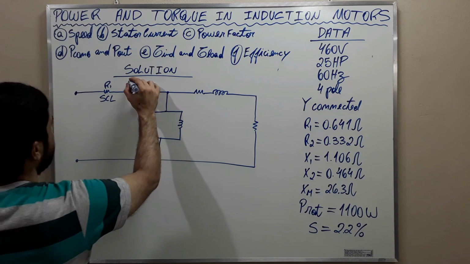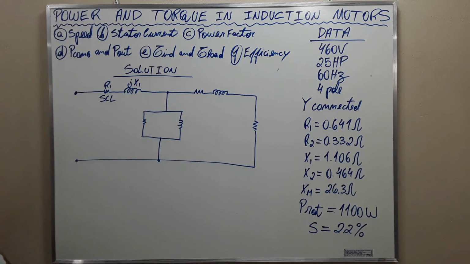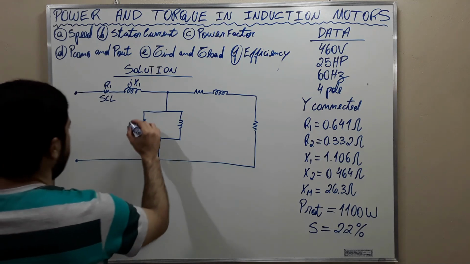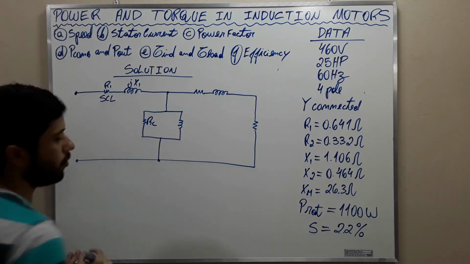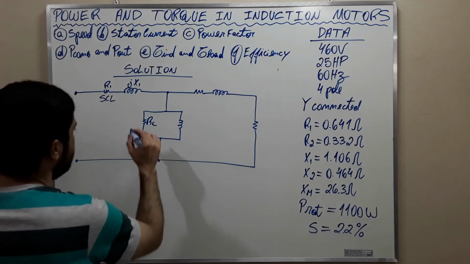This is jX1. This is RC, and from RC we calculate the core loss.